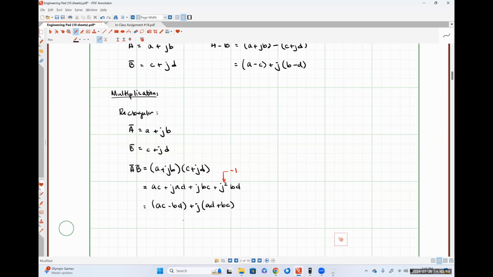So multiplication of rectangular form complex numbers by hand is a little bit tedious, but it's not too terribly bad. Let's look at what would happen if we did exponential form complex numbers.